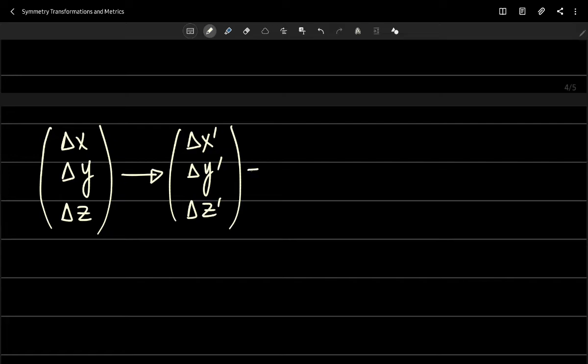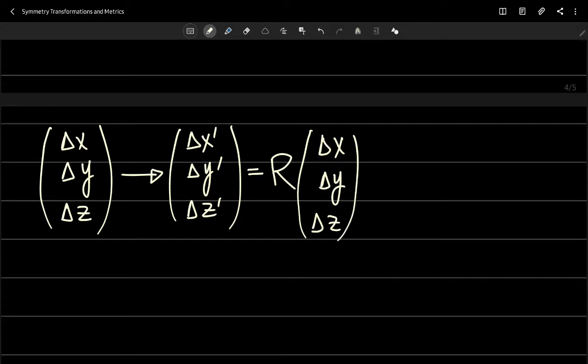And which is actually equal to some rotation operator, which is the linear operator, times delta x, delta y, delta z.